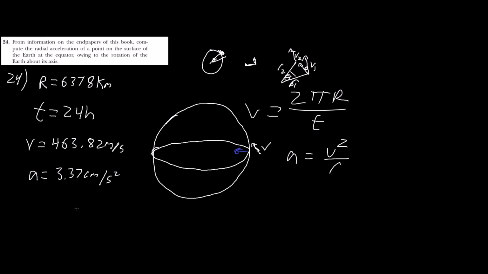We just found the centripetal acceleration is this. Because we are being accelerated towards the ground, we take into account 9.8 minus that. So the true value is 9.8 minus that.